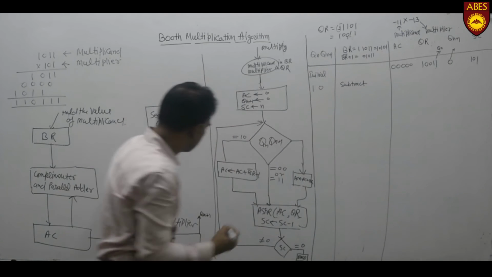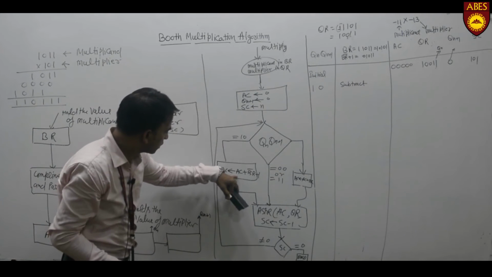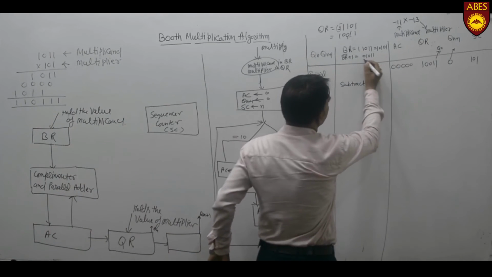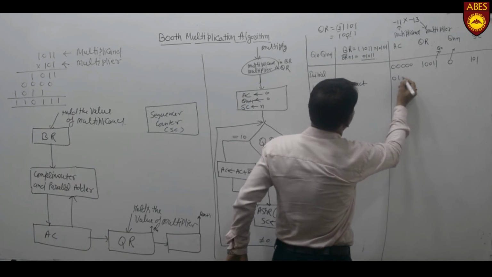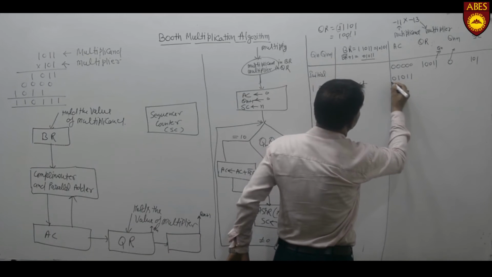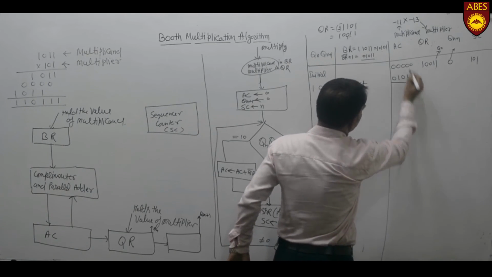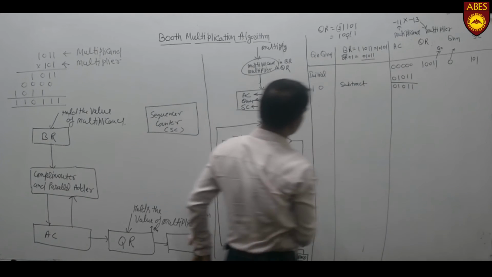You can see here in the subtraction operation, AC is equal to AC plus BR plus 1. So we can write the value of BR plus 1 in this way: 0, 1, 0, 1, 1. So the value will be 1, 1, 0, 1, 0.